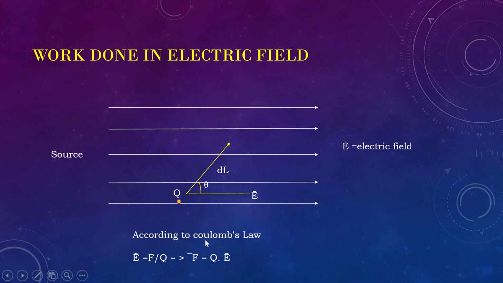According to Coulomb's law, F bar is equal to charge multiplied by electric field intensity, or we can write E bar is equal to F divided by Q, that is, force divided by charge. So force is equal to charge multiplied by E bar.